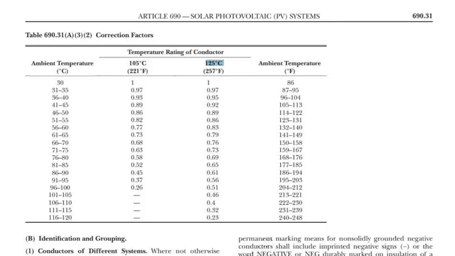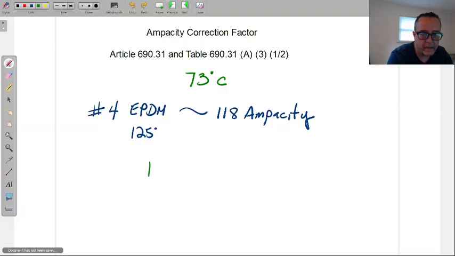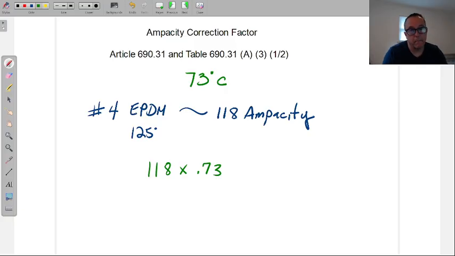So, for example, this one now becomes 118 times 0.73. And again, 0.73 means that I'm going to be taking away, what, 27% out of this wire? That's a lot now. 118 times 0.73.